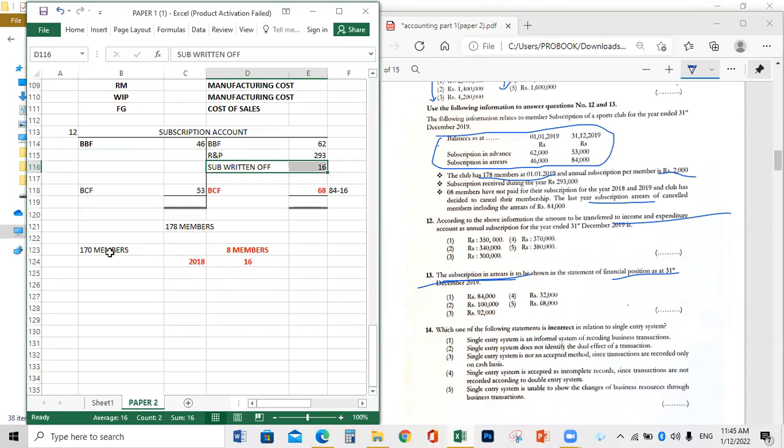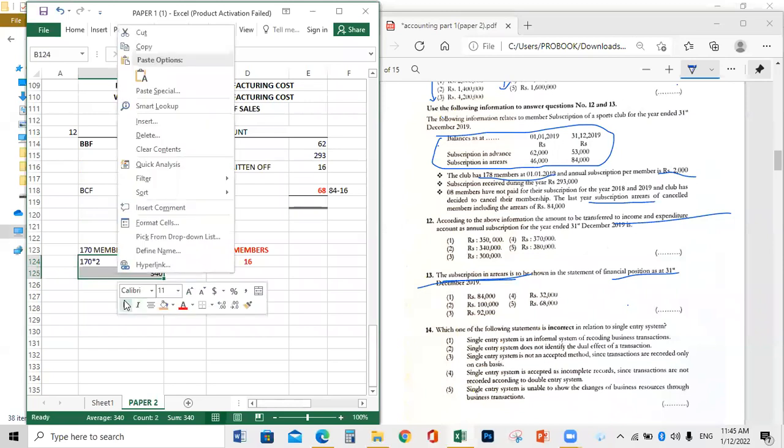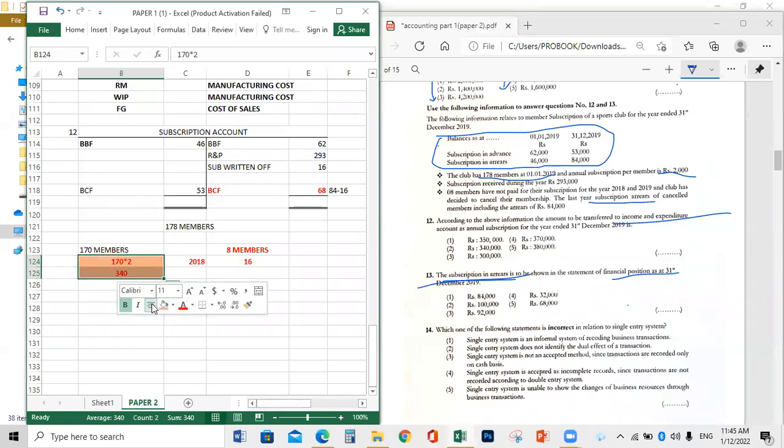Are you all clear? Out of these 178 members, 8 members, guys, you have cancelled them. So you will only need to receive from 170 members. Your income is only from 170 members. Each member should pay 2,000. So 170 into 2,000 is going to be 340,000.